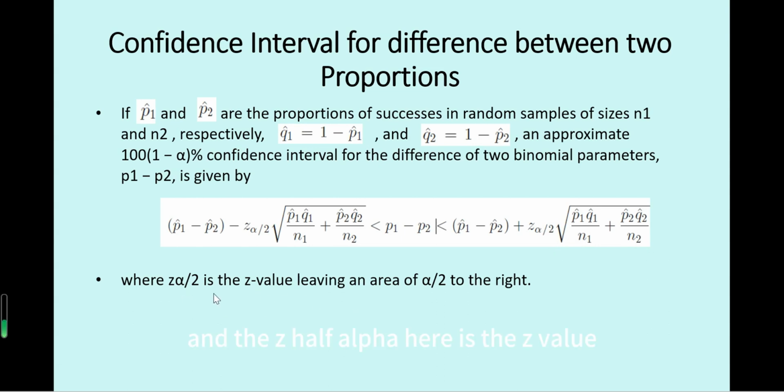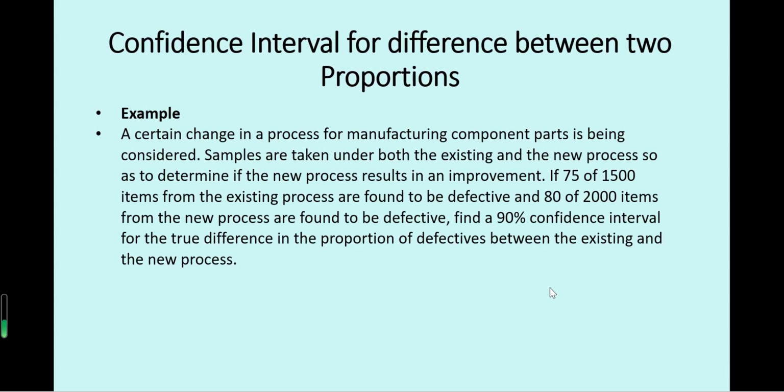The Z half alpha here is the Z value which leaves an area of half alpha to the right in the standard normal density curve. Next we will take a look at an example of using this formula.